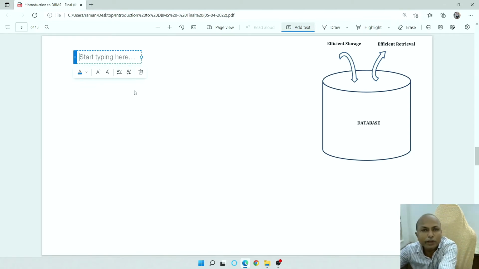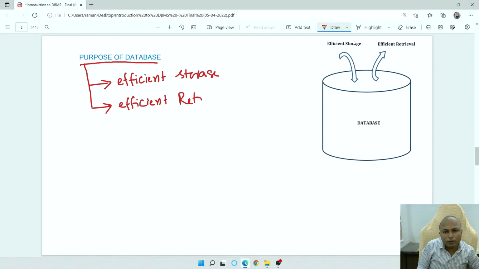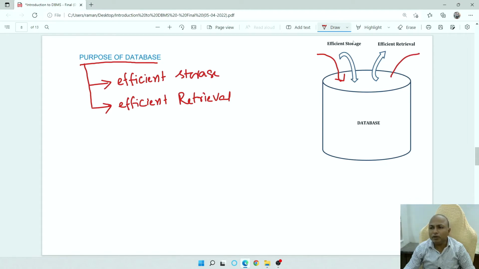Now we need to understand the purpose of a database. We use the database for two purposes. One is efficient storage, and another one is efficient retrieval. Whenever you store efficiently, then only efficient retrieval is possible.